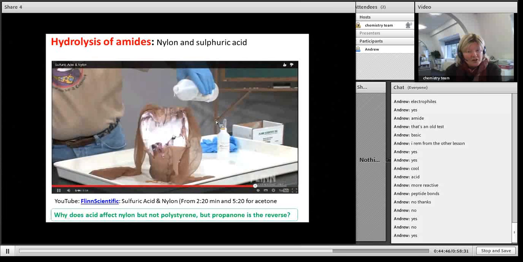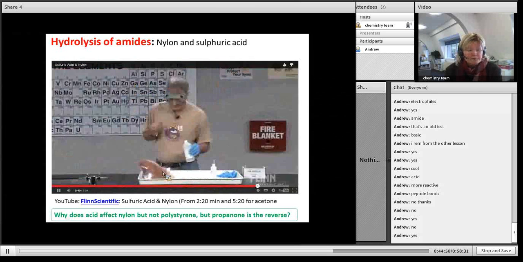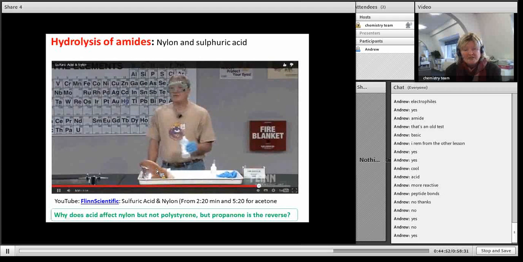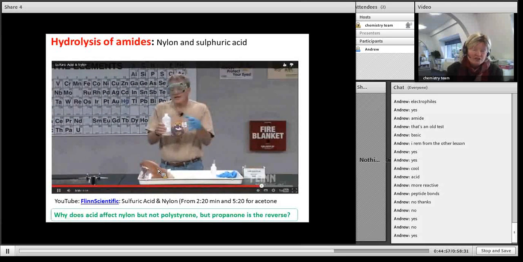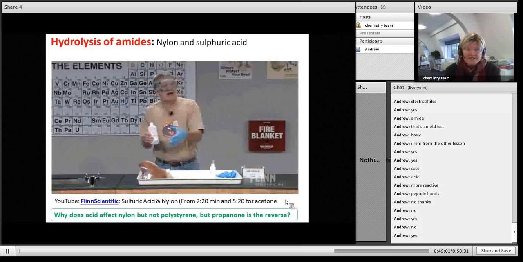But notice how the nylon is simply not affected at all. So different polymers, addition or condensation, have different properties. You learned about the addition ones last year. This year is the condensation ones.